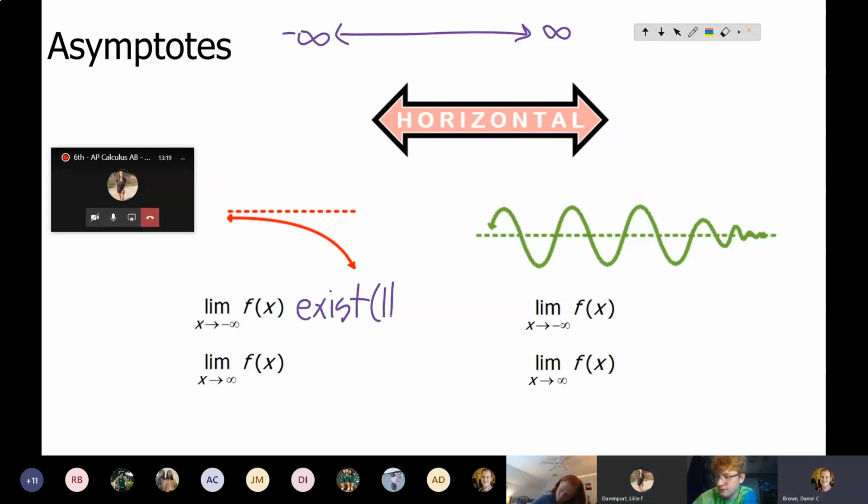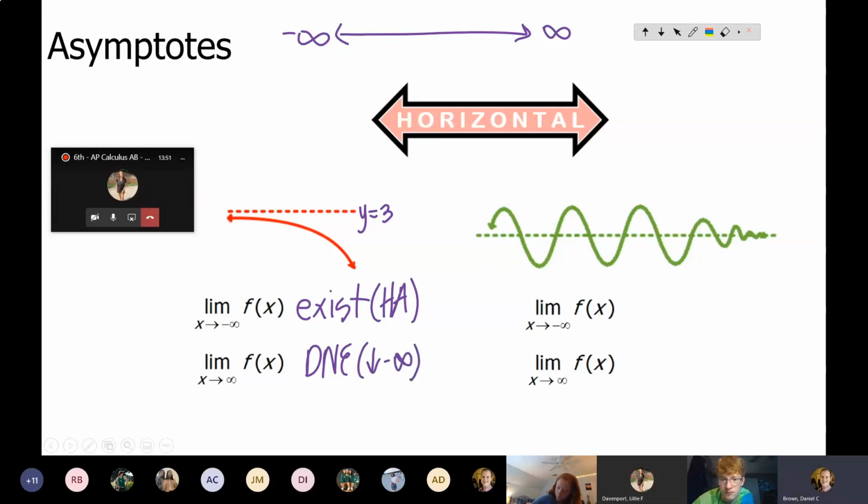And it is existing because it's leveling off at a horizontal asymptote. I didn't put this on a graph, but if this asymptote had been at, say, y is equal to 3, then we would say that the limit is equal to 3. The other one is the one that is DNE. The reason why it does not exist is because the graph is always going down towards negative infinity.